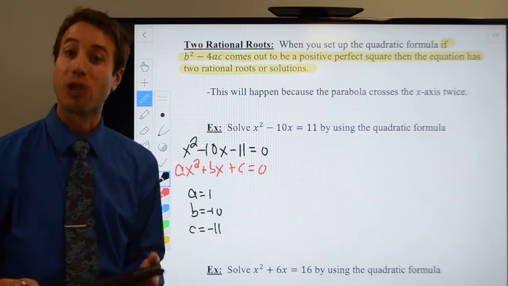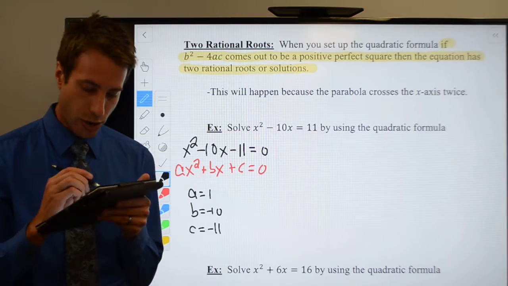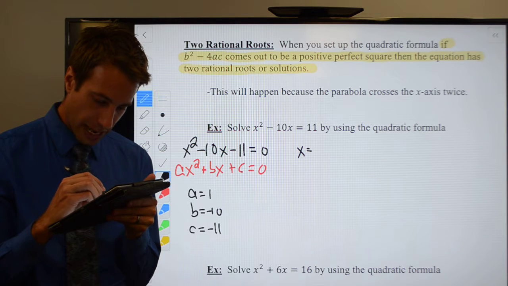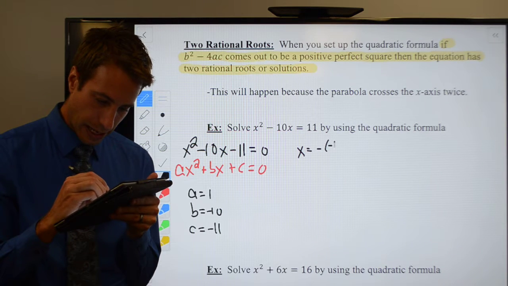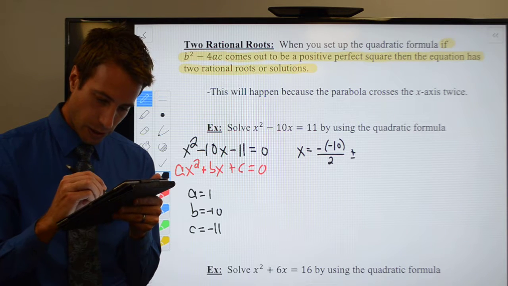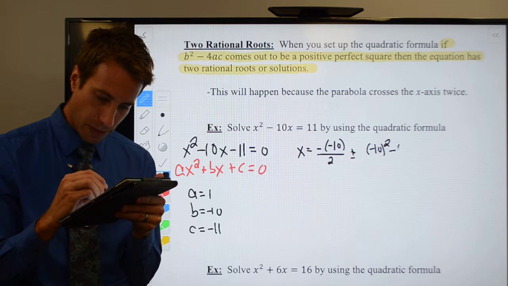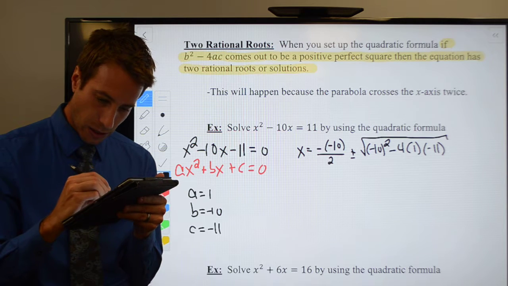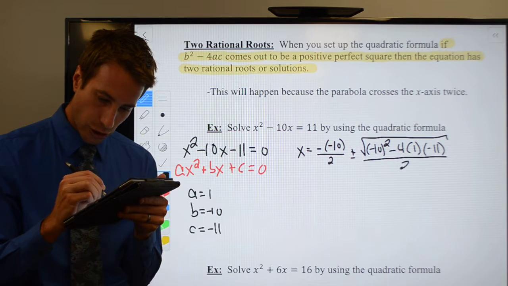So we go ahead and plug that into our quadratic formula. x is equal to a negative 10, all divided by 2, plus or minus the square root of negative 10 squared minus 4 times a times c, all over 2.